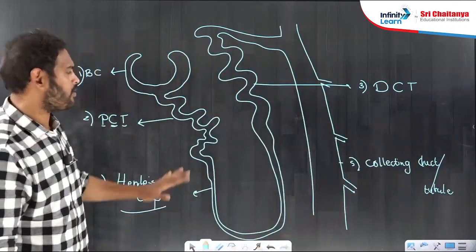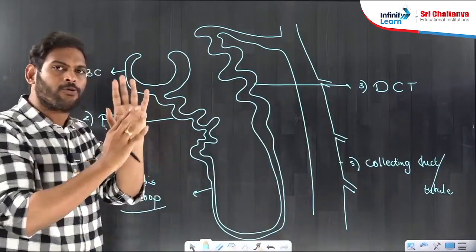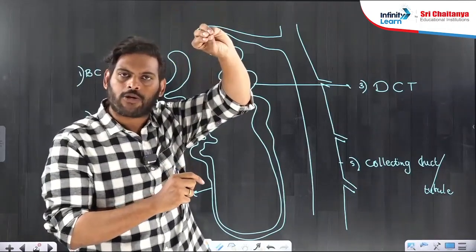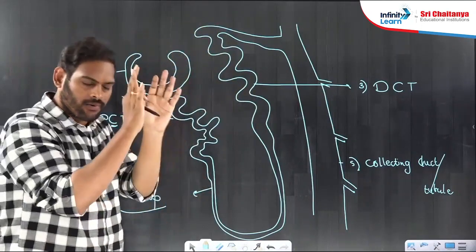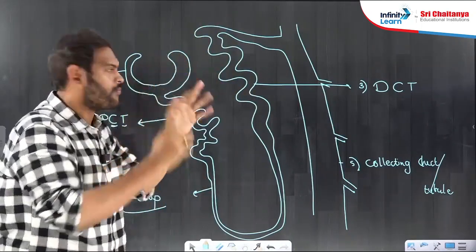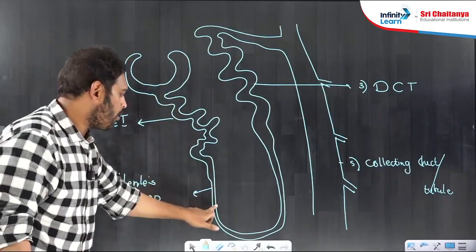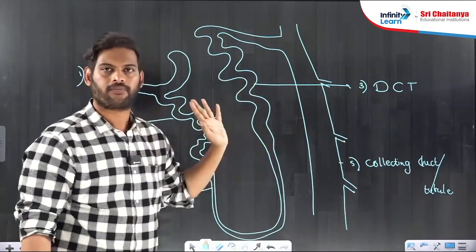Mainly 5 parts. Just I am showing you tubules only. Each nephron has 2 parts: a network made up of blood vessels called glomerulus, and tubules. See first, I am only showing you tubules. Bowman's capsule, PCT, loop of Henle, DCT, and collecting duct.